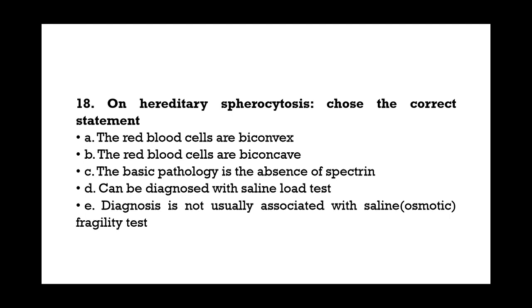D, diagnosis is not usually associated with saline, that is osmotic fragility tests. So our correct answer here is C. The basic pathology in hereditary spherocytosis is the absence of spectrin. We'll go through the discussion.